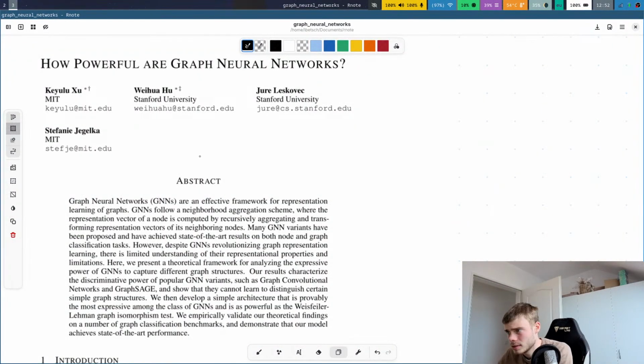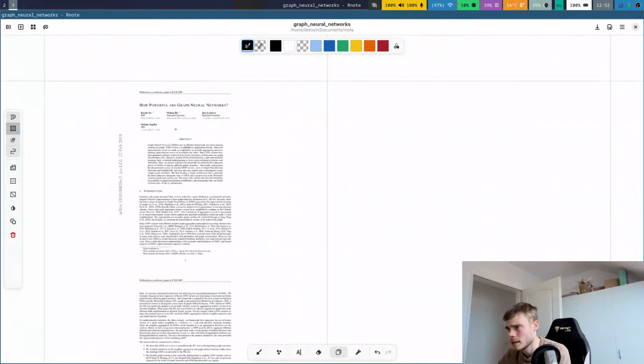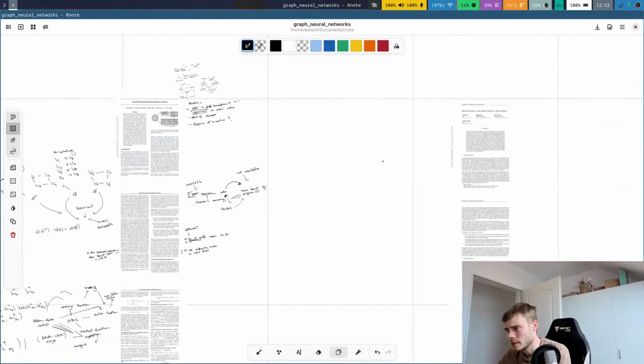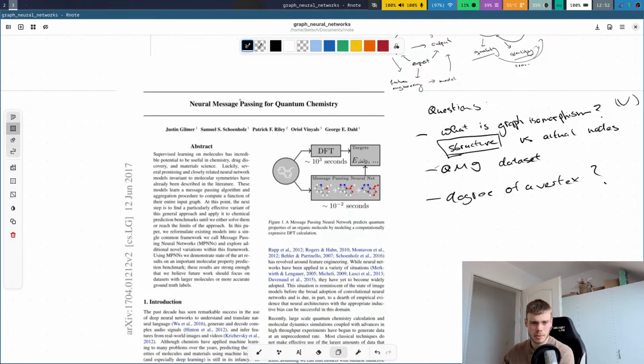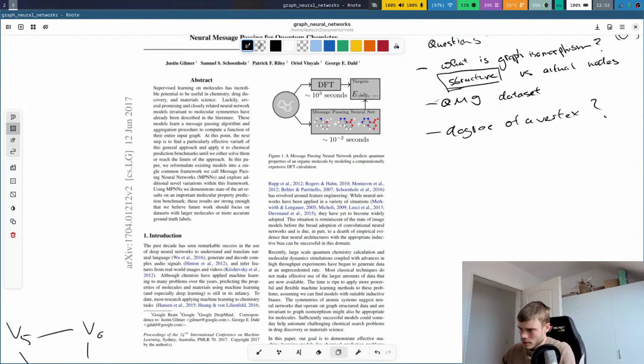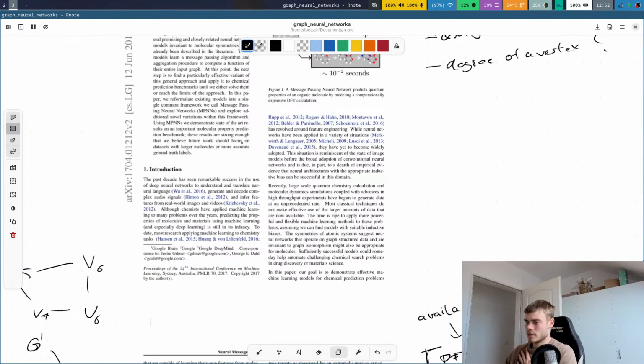And for that, we can go back to the paper that we read. So the paper we read yesterday was called Neural Message Passing for Quantum Chemistry. And they were summarizing the literature on graph neural networks into a common framework, a framework they call message passing neural networks.